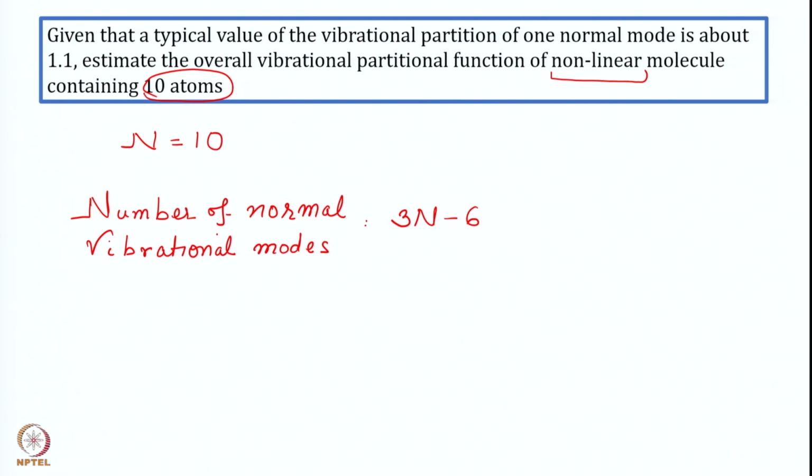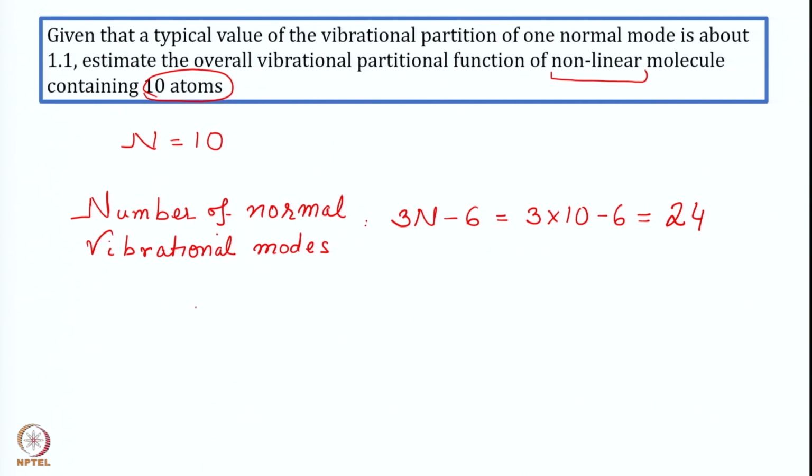For linear it is 3n minus 5. So therefore, for nonlinear we use 3n minus 6. So that means 3 into 10 minus 6 is equal to 24. 30 minus 6 is equal to 24. 24 normal modes of vibration.